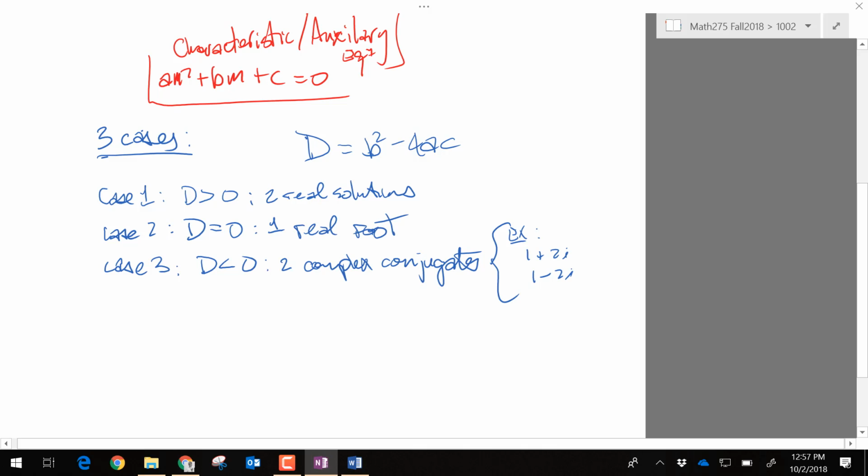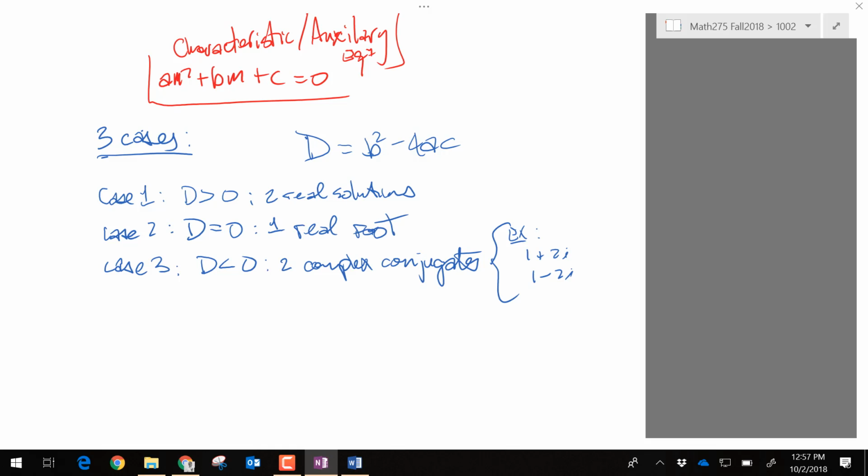So you get a pair of them, and that's what's going to happen if the discriminant is negative.